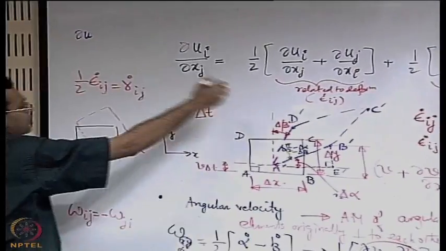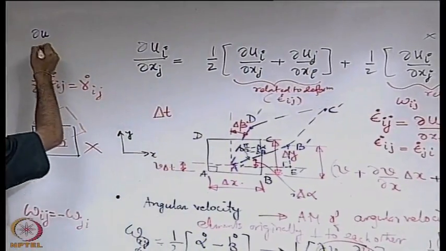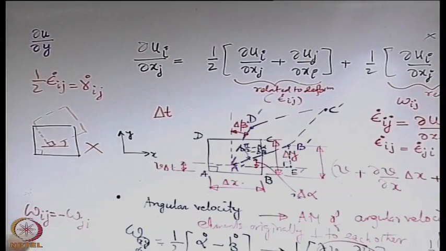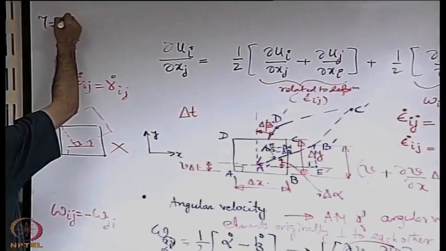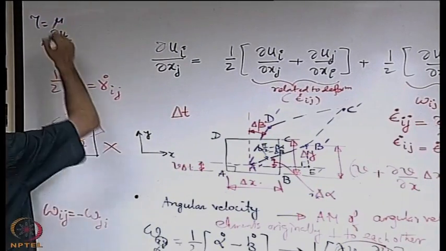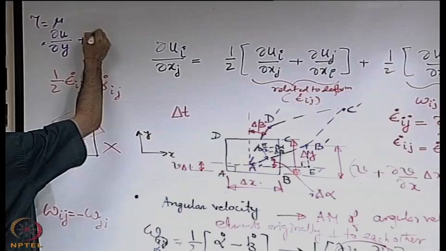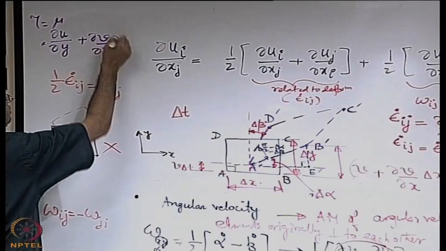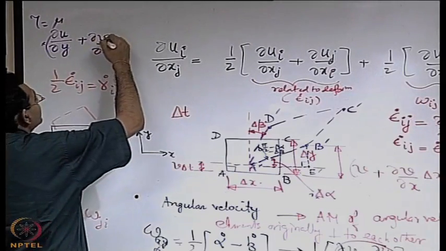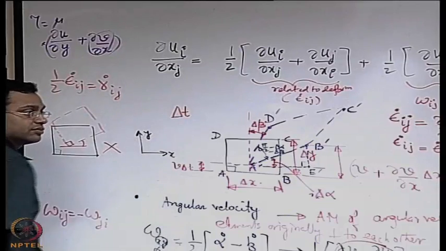What was the quantification of this deformation? We wrote partial derivative, what did we write? We wrote tau equal to mu times this one. Actually we should have written this plus this one, because we were considering a unidirectional flow, v was 0 and that is why this term was not considered.